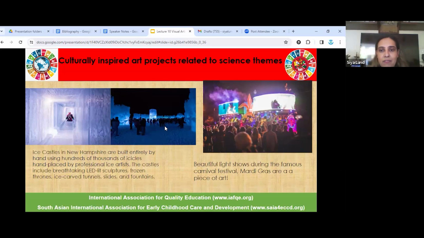The other very fascinating thing is the beautiful light shows during the famous Mardi Gras carnival that happens every year in Europe and the US, especially in the US. It originated in France, of course, but it happens in New Orleans, where there are beautiful light shows and costumes and everything.